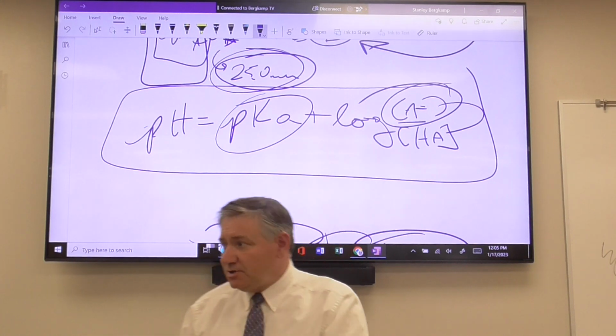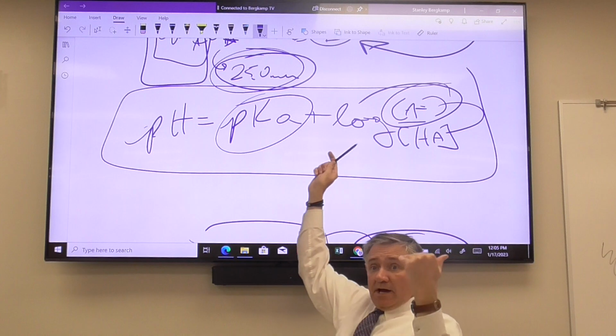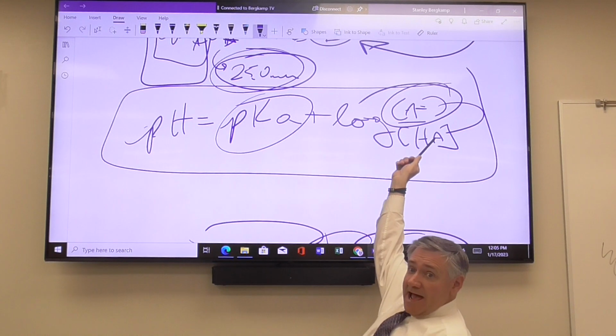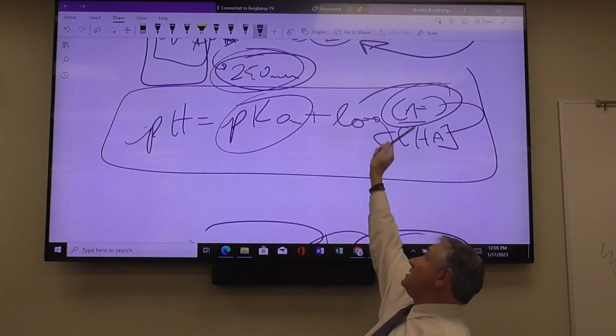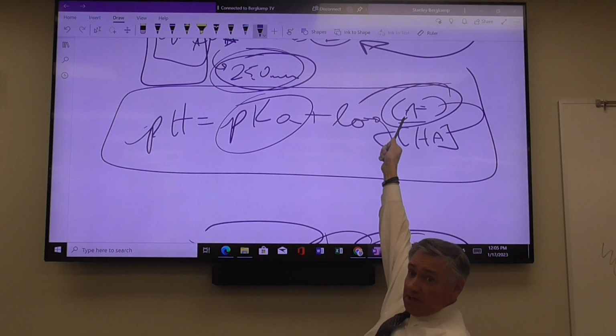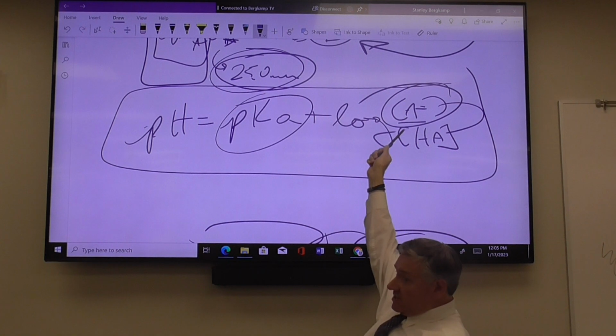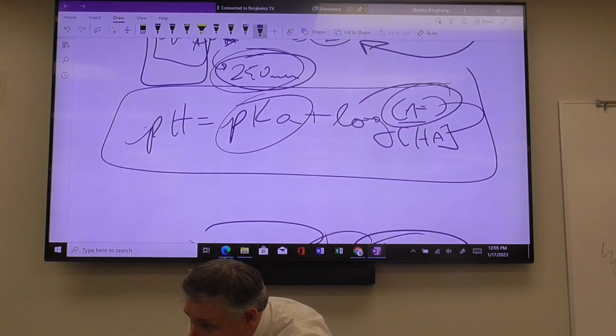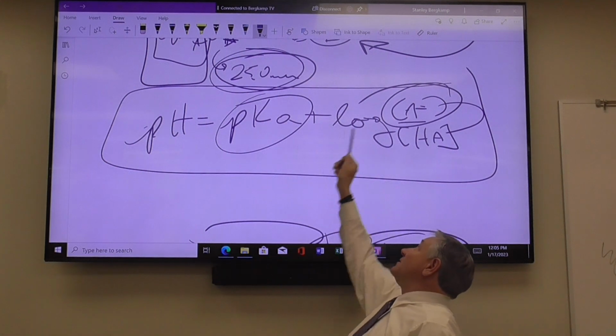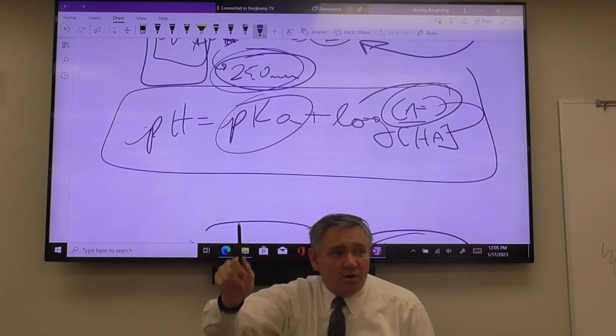Okay? So prior to that point, the concentration of the acid was bigger than the concentration of the anion. But over a period of time, this concentration goes up, this concentration goes down. Now, at half the equivalence point, that's where the magic is. Half the equivalence point, these two values are equal.